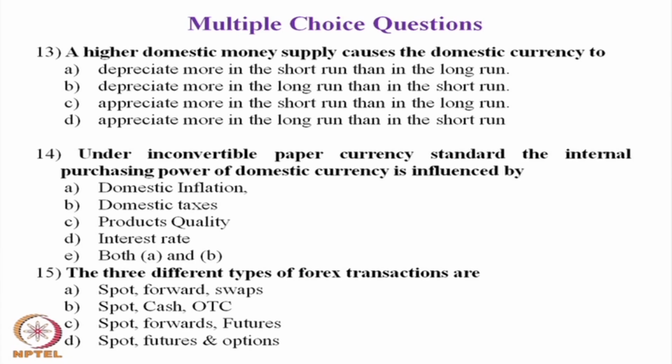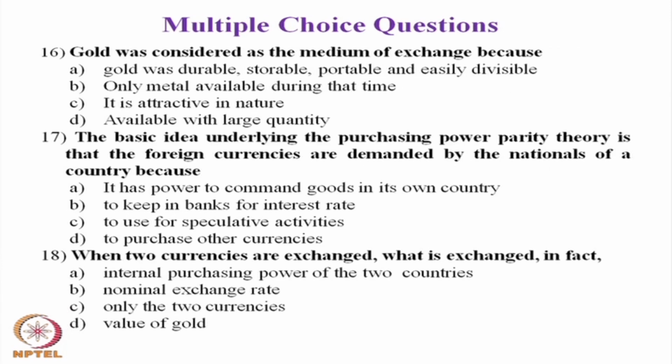Let us move to question number 16. The question number 16 for you is, gold was considered as the medium of exchange because the choices for you are A. Gold was durable, storable, portable and easily divisible.